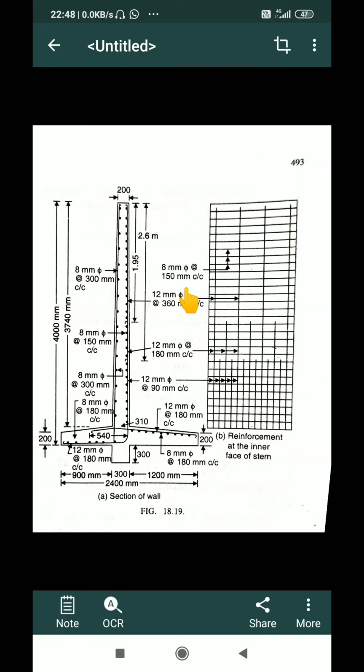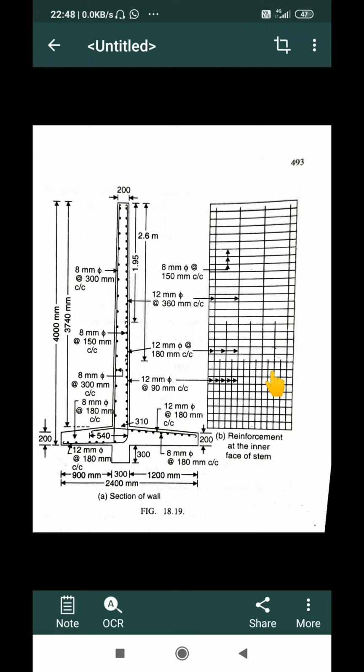Now main bars I am providing 12 mm dia at 90 mm center to center. These main bars are important to carry the main tensile force which is acting on the stem.